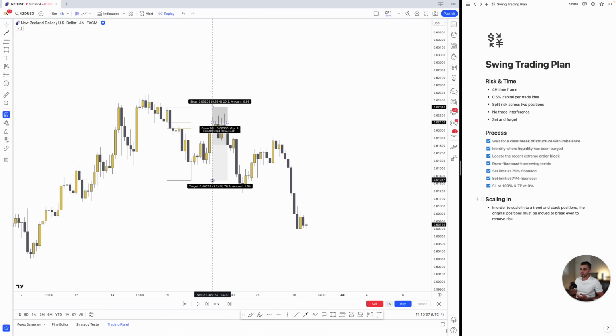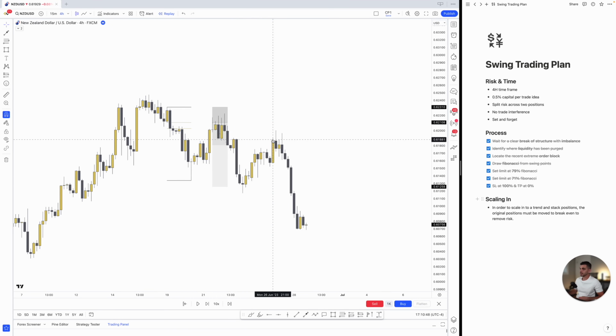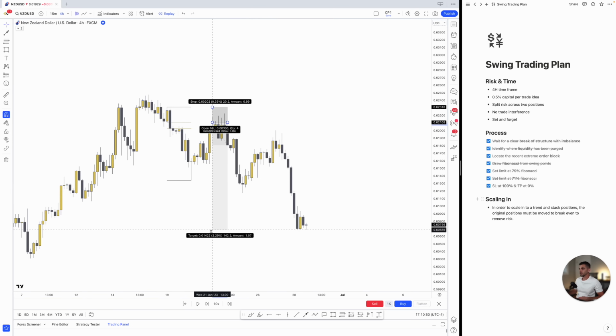Let's say I was targeting somewhere down here, a Fibonacci extension maybe, just hypothetically, right? So price comes down, makes a new low, breaks the structure, and then starts retracing back to the upside. But I'm still active holding this trade.